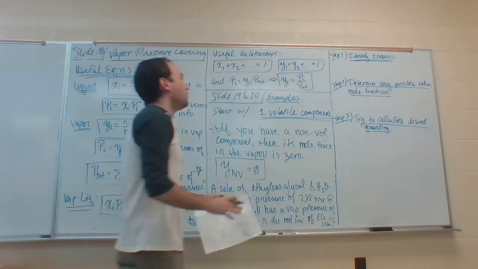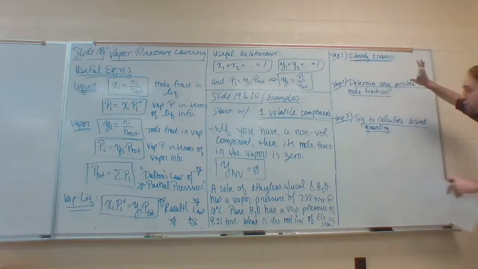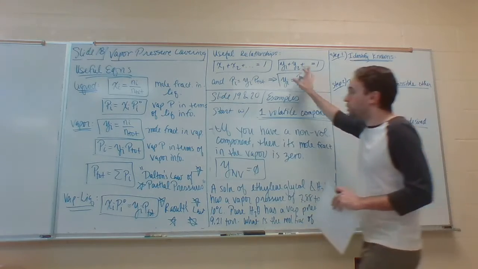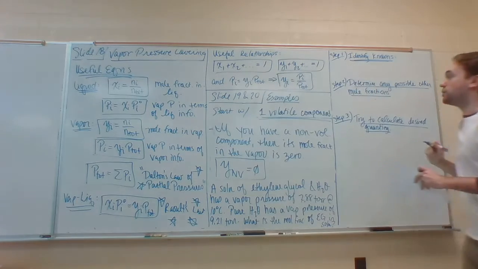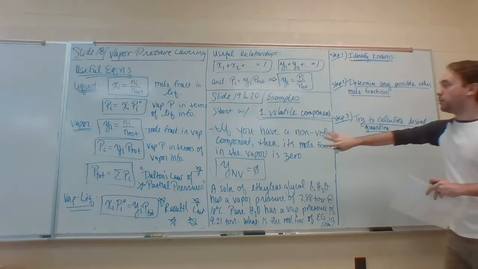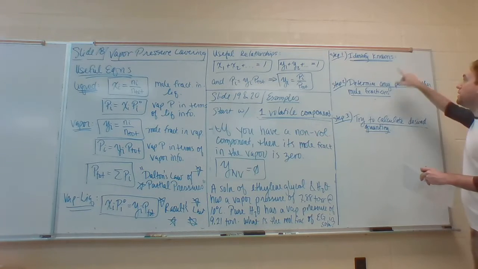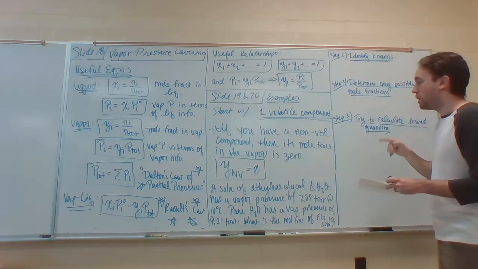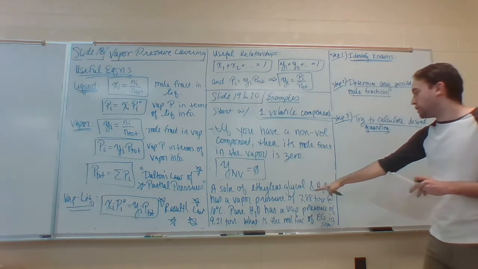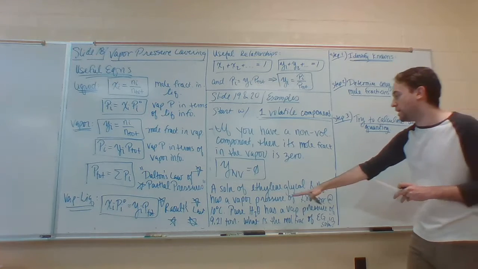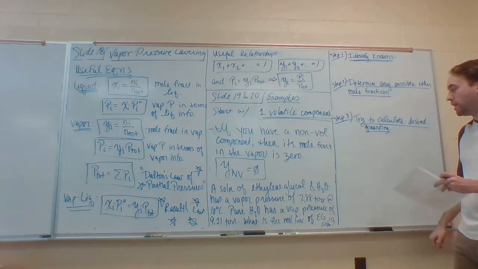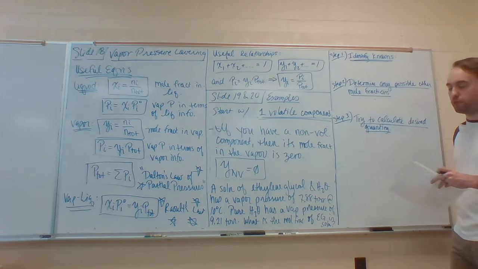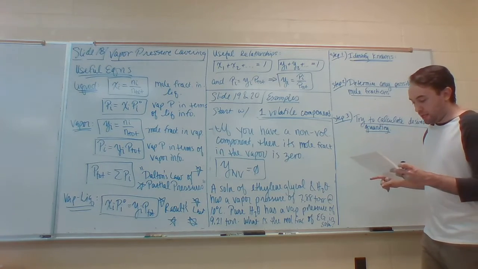Going over to our steps for these problems, we know we're going to use these equations because we're dealing with a vapor-liquid problem. Our very first step is to identify our knowns. Right off the bat, it says a solution of ethylene glycol in water has a vapor pressure of 7.88 torr. We're going to leave that alone for a minute.